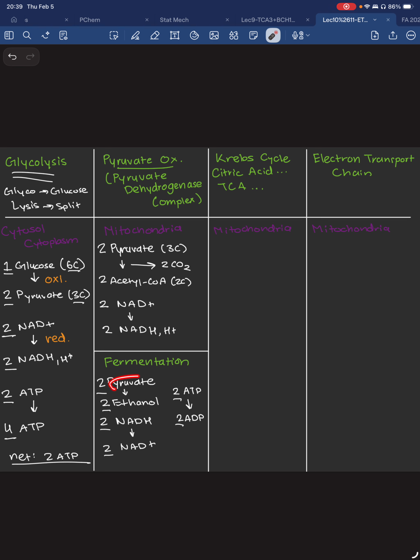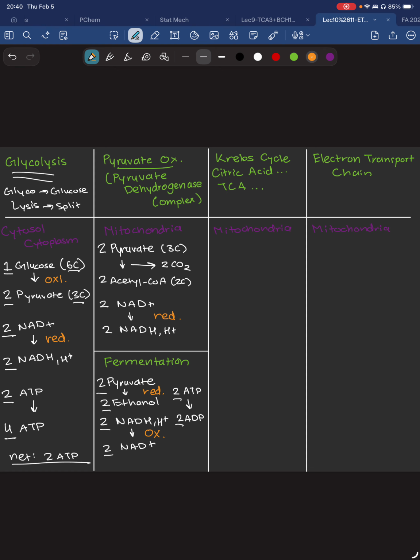Pyruvate, through a series of steps, becomes reduced into ethanol. NADH becomes oxidized into NAD+, right? So this is actually an oxidation, and this is a reduction. Notice that whenever we're generating NAD+, it's an oxidation. But whenever we're generating NADH, it's a reduction, right? And actually, let me just correct this really quickly.